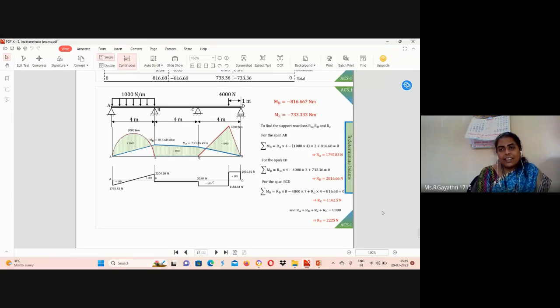So we know all these values. RC value 1162.5 Newton. So we can move it in the upward direction.